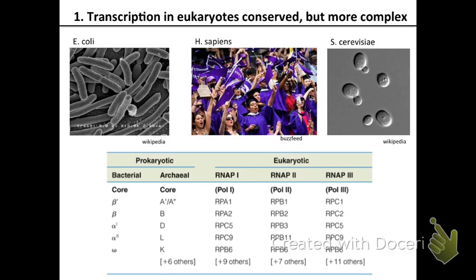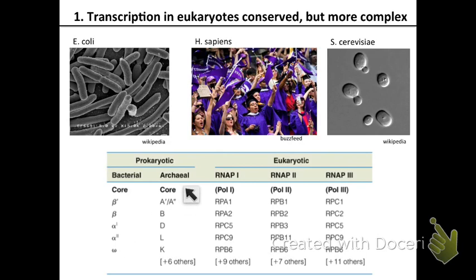So we talked about transcription and the transcription machinery in prokaryotes and eukaryotes. This process is pretty much conserved, except there are more complex problems and issues that eukaryotes face, and that makes it a little bit more complex. So the machinery is well conserved. If you look at the bacterial core RNA polymerase enzymes, we talked about the beta prime subunits, alpha subunits, and omegas.